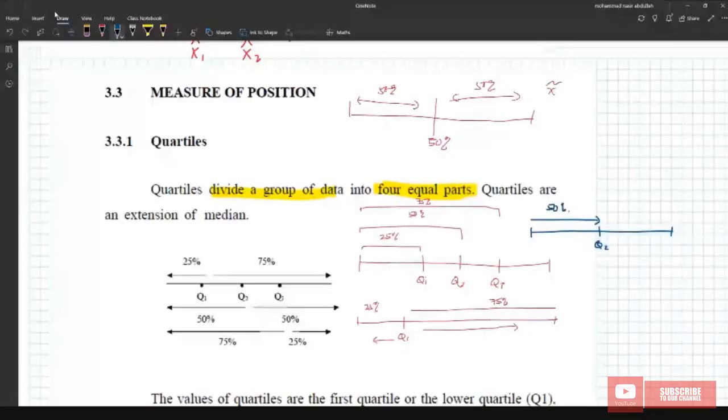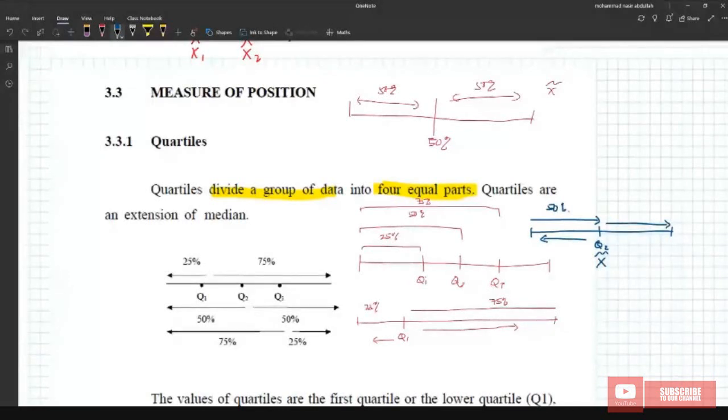That's why quartile number 2 is also equal to median. How do we interpret this one? 50% of the data have value less than quartile number 2, while another 50% of the data have value more than quartile number 2, right?